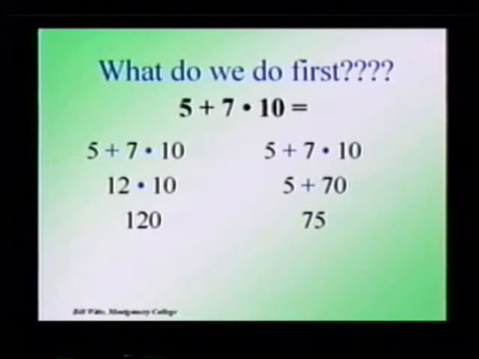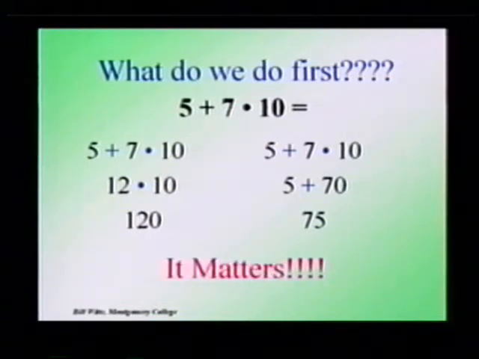I get a completely different answer, don't I? Yes, you're in deep dough now. What am I going to do? It matters which operator I do first. I'll get a completely different answer depending on which one I do.